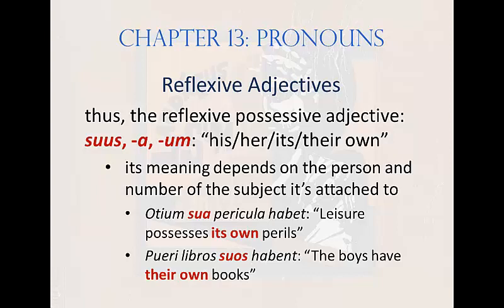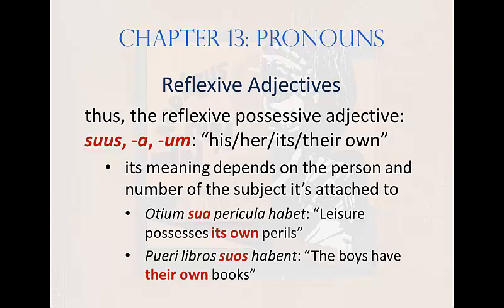Did you notice that the endings on suos, particularly their number and gender, had nothing to do with the translation of suus? So, for instance, leisure possesses its own perils. The proper form of suus there, sua, is plural because the adjective agrees with pericula. But because suus is reflexive and reflects back to a singular subject, otium, it's translated as its own.